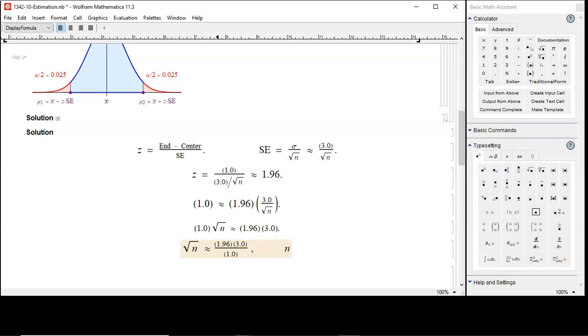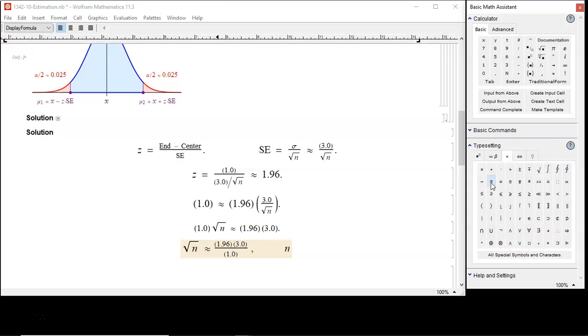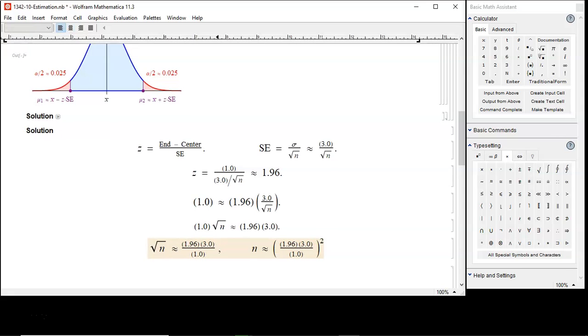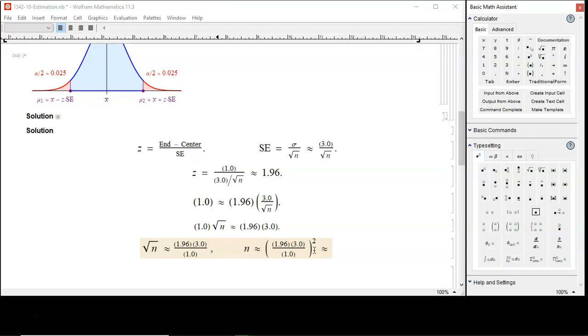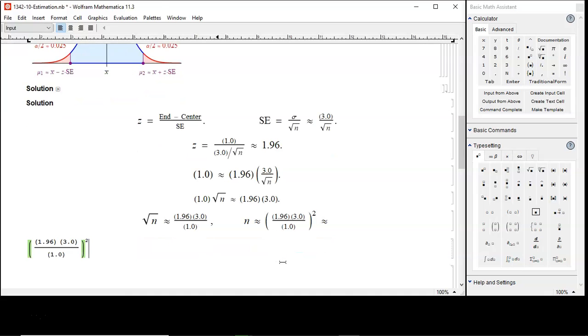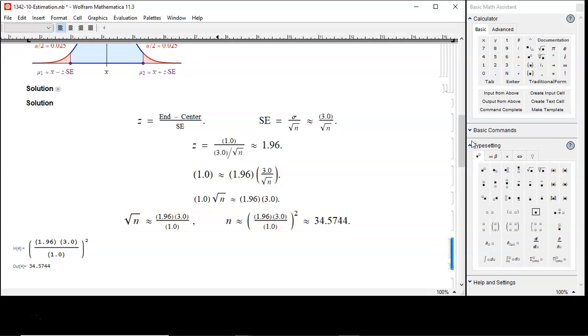So n is approximately equal to the square of this quantity, and that, well, let me finally take a calculator and then calculate it out. I'm getting 34.57 something. Now what do I do?